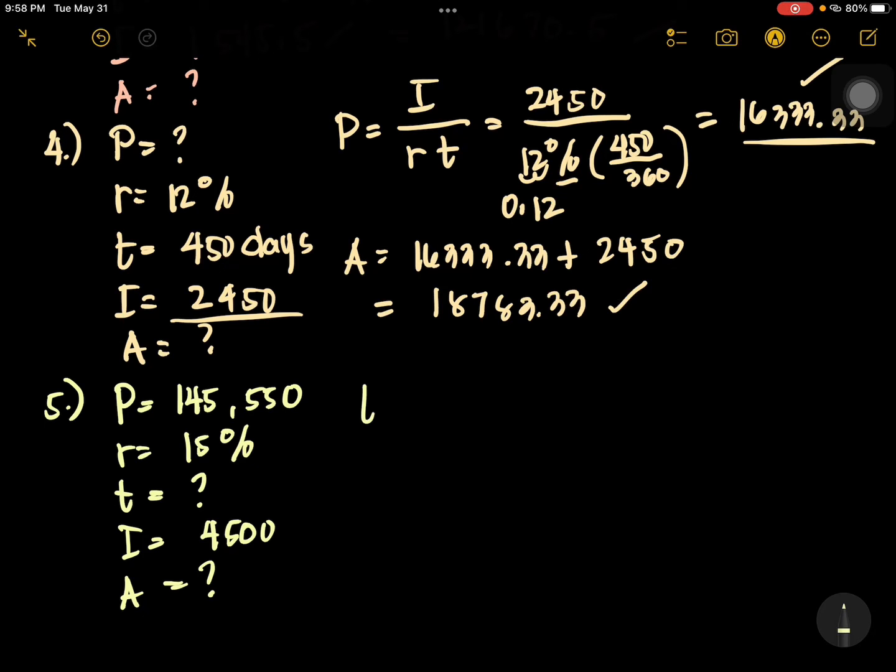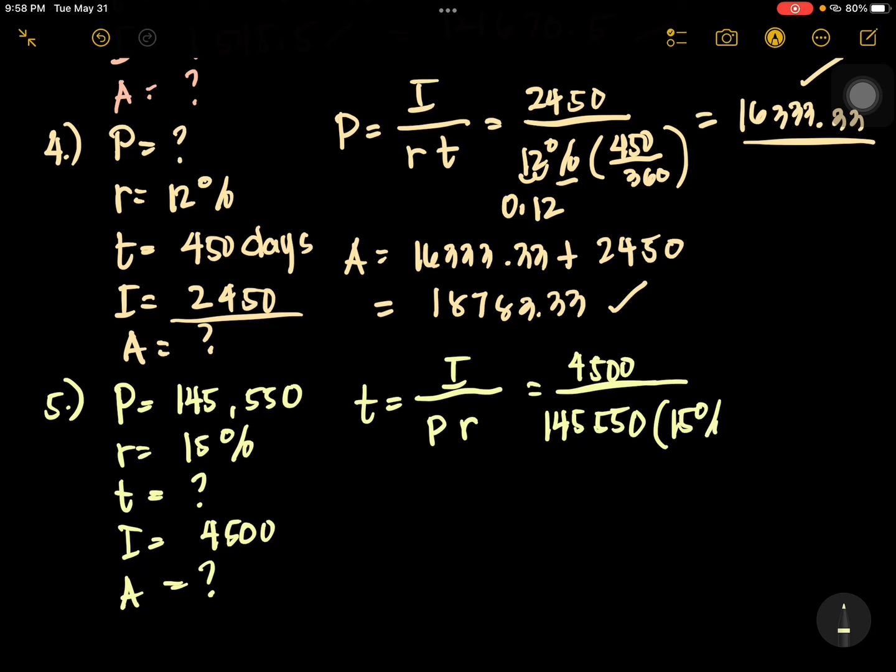So the time is, okay, correct, interest over PR. So the interest is 4500 and P is 145550, and then you multiply that by the rate, 15%.